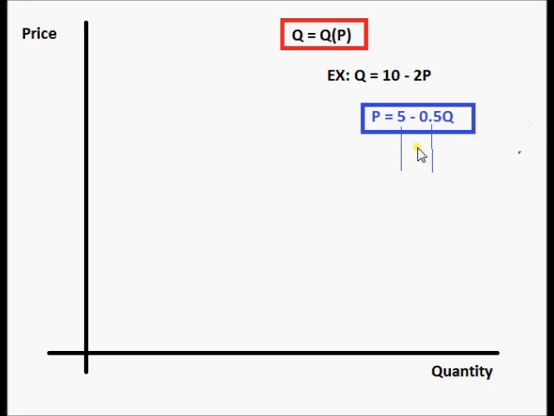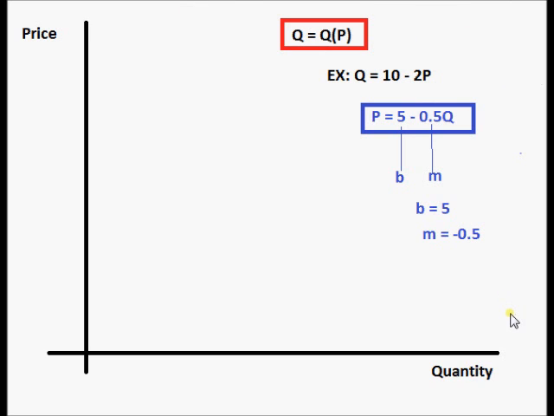It's actually y equals b plus mx, where b in this case is 5, and m, the slope, equals negative 0.5.